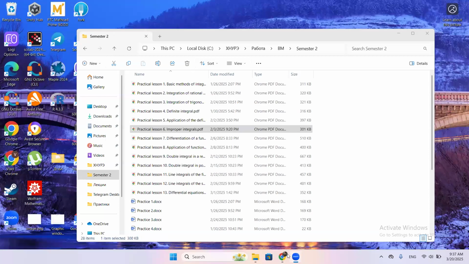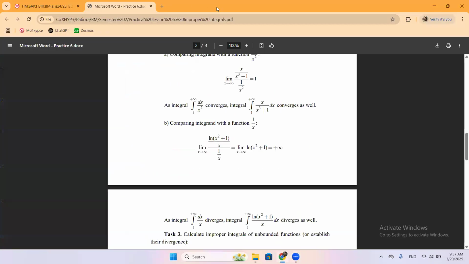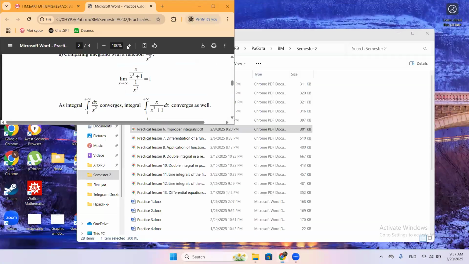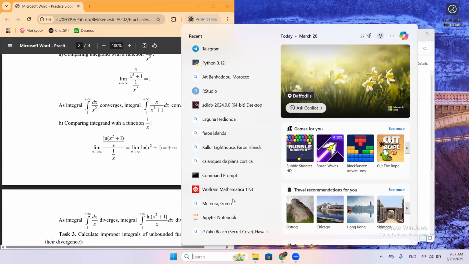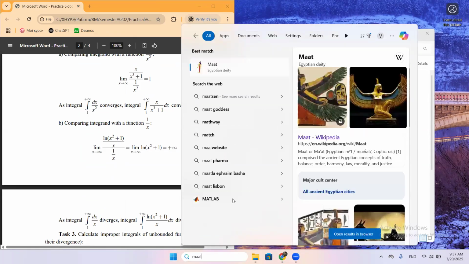Okay, so let us start. Today is the sixth practical lesson. Good morning, Bogdan. It is about improper integrals, so such integrals which have either infinite bounds of integration or some singularity points, but they are similar to usual proper integrals.